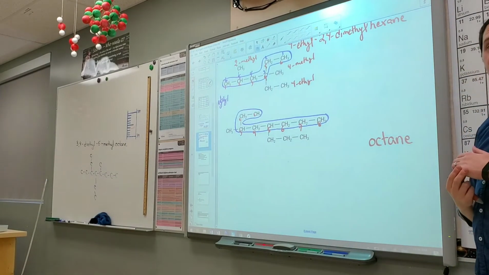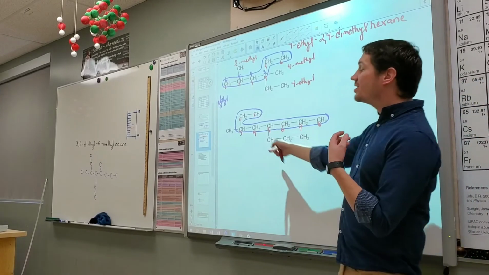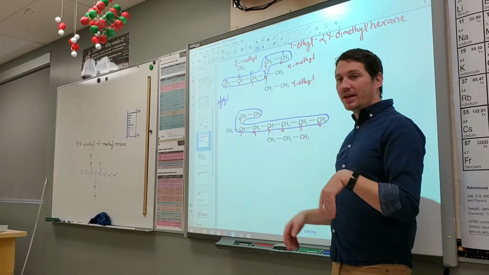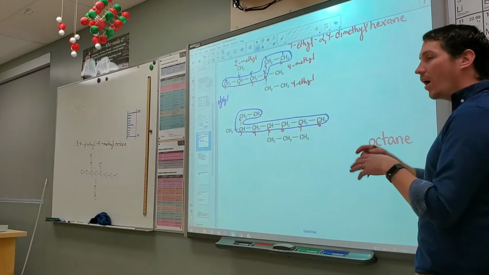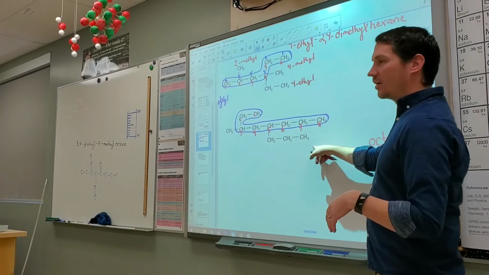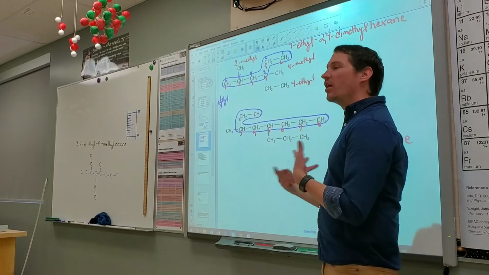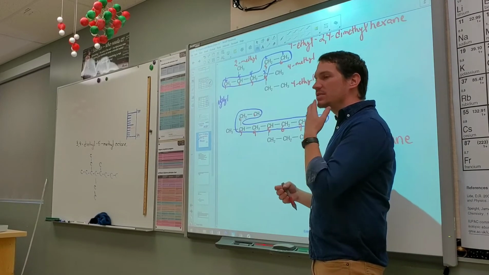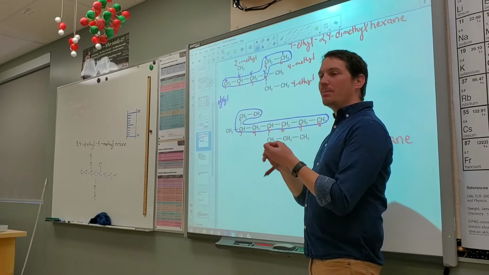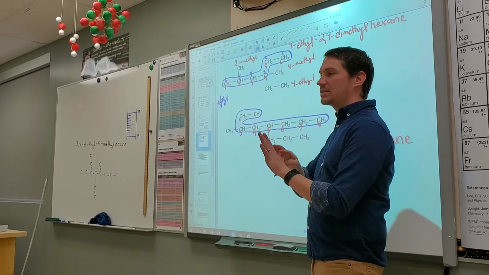This is an octane, and it's got 2 branches. Now, are the branches the same? So you're not going to have to do di, tri, or anything like that. It's just there's one of these. What would we call that? A propyl group. The branches are methyl, ethyl, propyl, butyl, pentyl, hexyl, right?